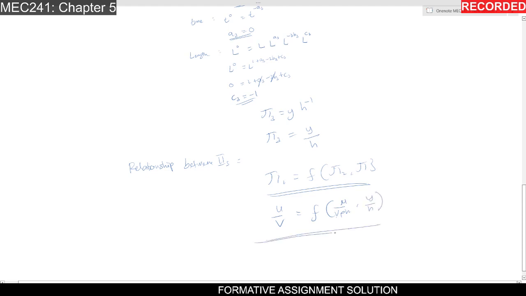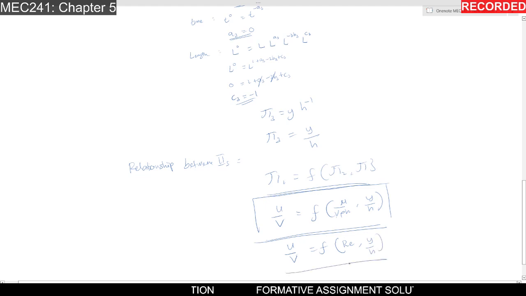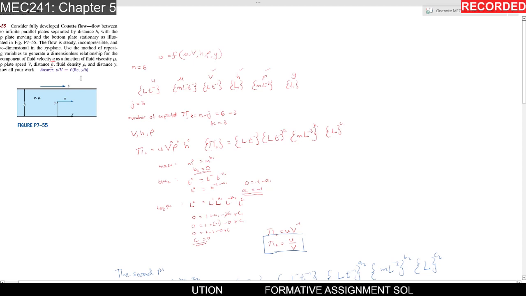So this is our final answer. But if you can write it the proper way, you substitute this with the name of its formula. This is just the Reynolds number formula. This is much better. Okay. So finally, our answer is the same as the answer given in the question.